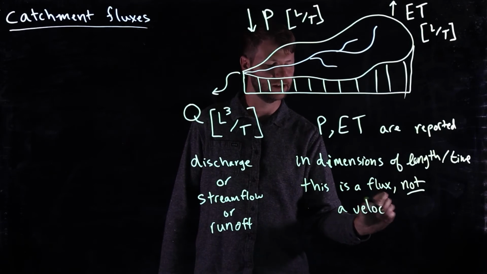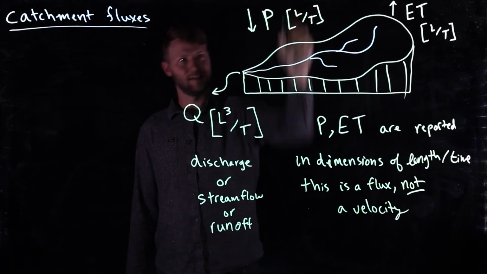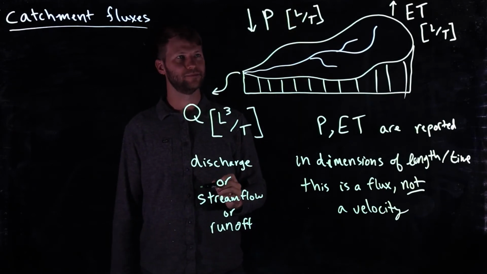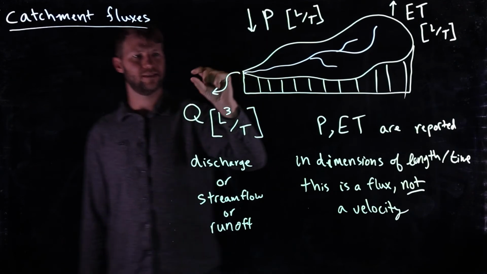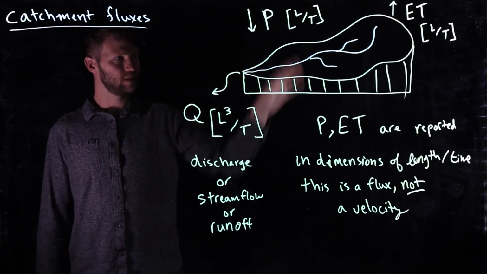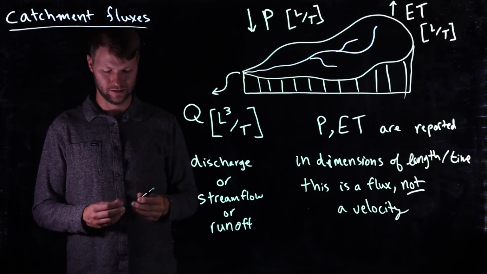Remember that velocity also has dimensions of length per time. But this is not actually the velocity at which rain is falling down. Instead, it's the amount, the equivalent thickness of water, if you spread it over the landscape, that's arriving in a particular amount of time.